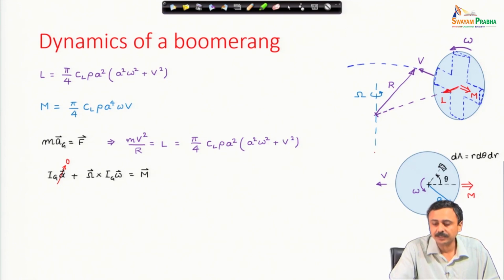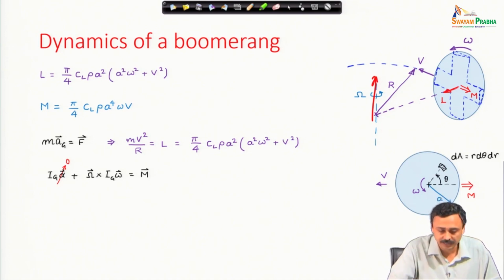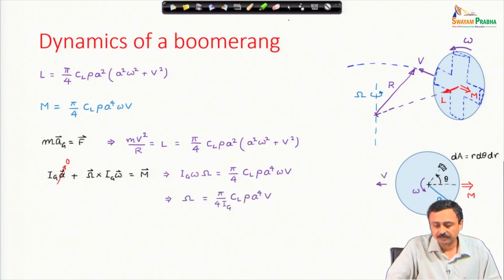This axis is vertical, and this is rotating about this vertical axis. So, that is equal to the moment, and if I substitute all these expressions, I get a relation for omega and v.